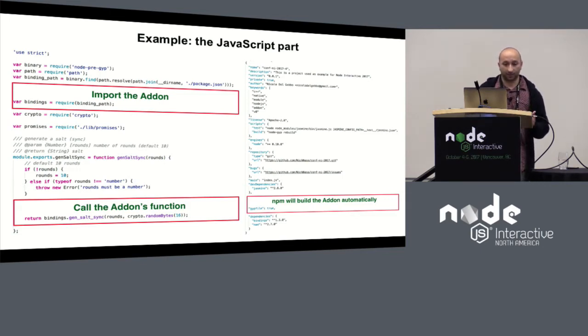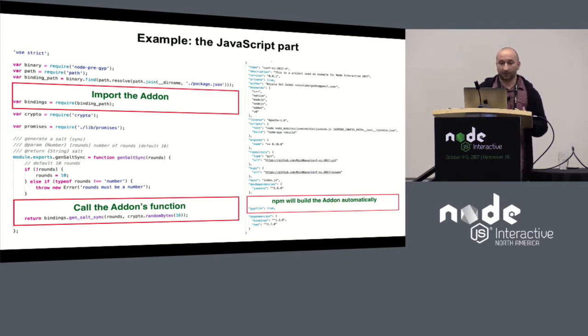It's very simple to use the native add-on. Just import it and use the functions that it exports. Here, just a note about the package.json file. If you want npm to build the add-on automatically, you have to set the gypfile to true.